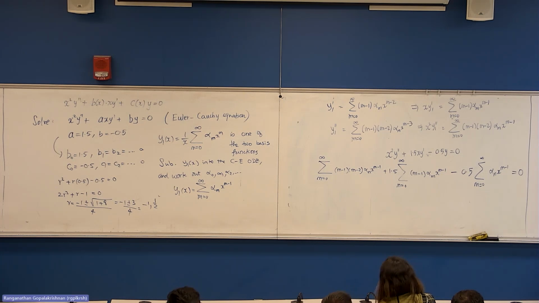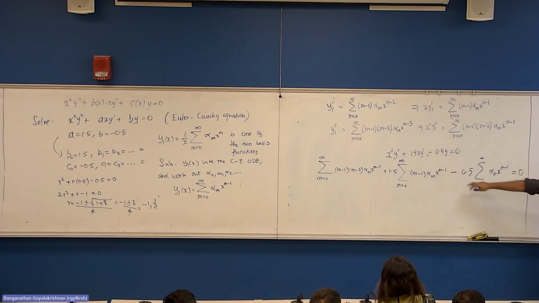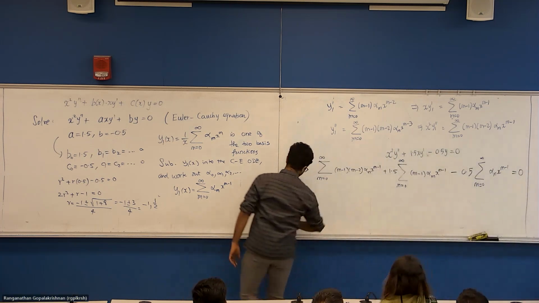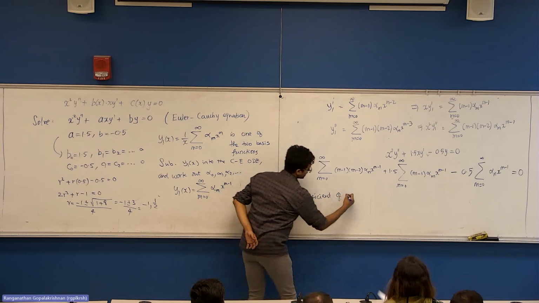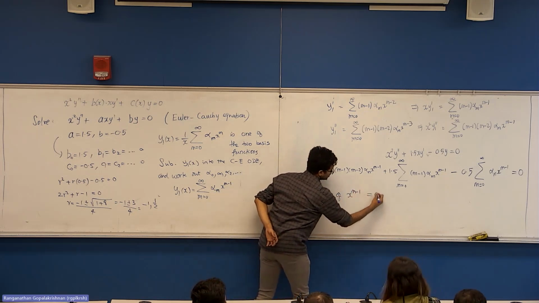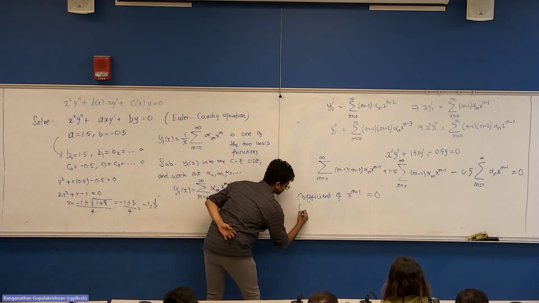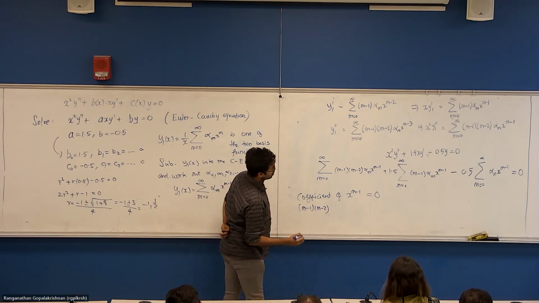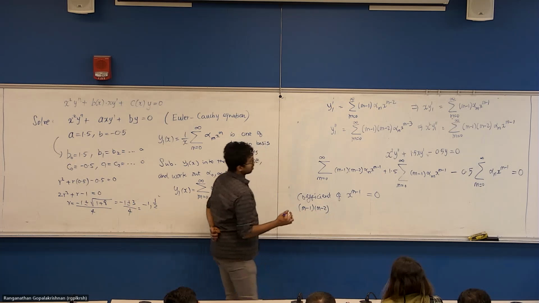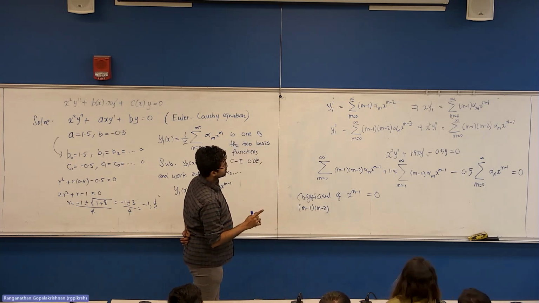The summation runs from the same indices, the same powers appear under each summation. So you can directly say the coefficient of x power m minus 1 has to be 0. Which is like saying m minus 1 times m minus 2, wait, that won't get us alpha m.